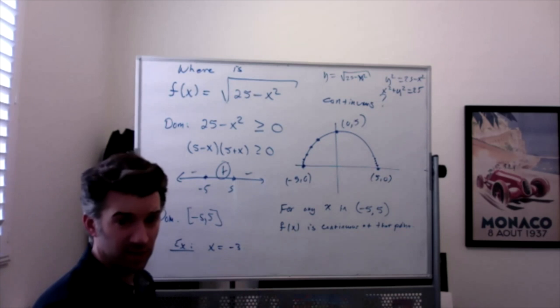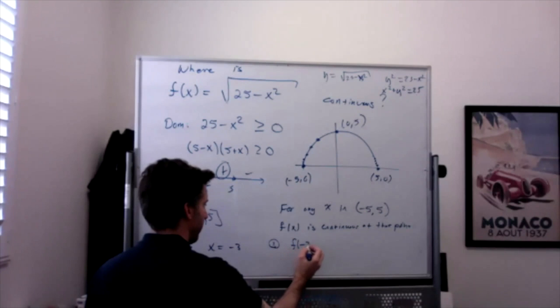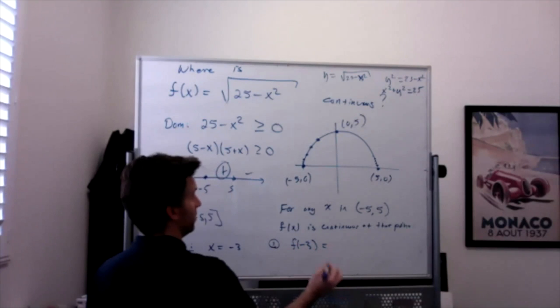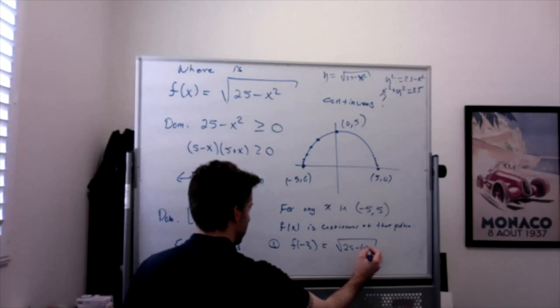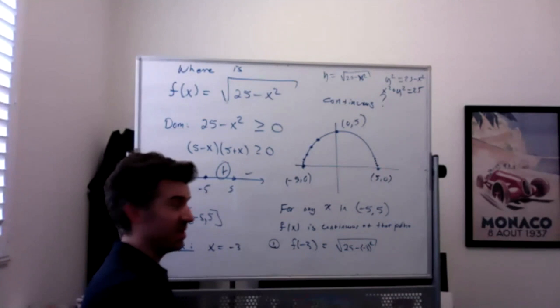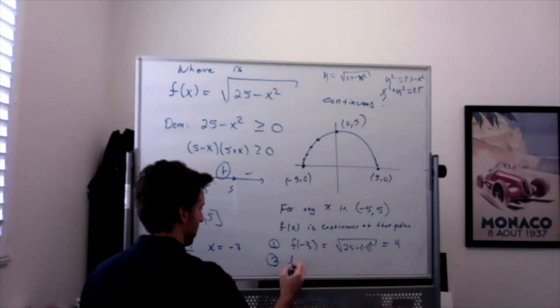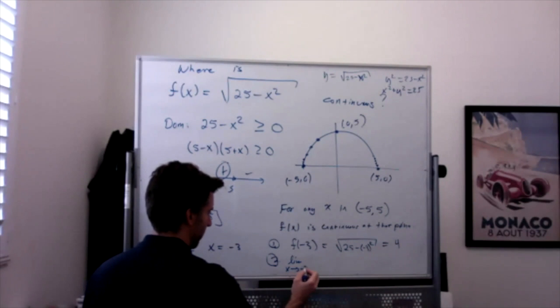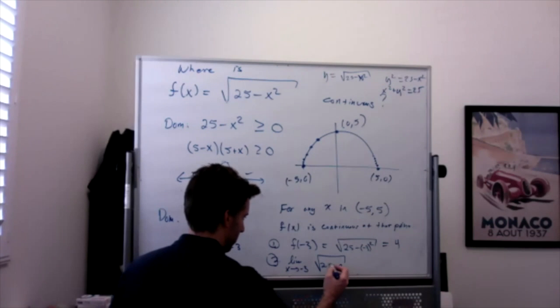The function is definitely continuous at -3 because, one, f of -3 exists. It's equal to the square root of 25 minus (-3) squared, which is the square root of 25 minus 9, which is the square root of 16, which is 4. And two, the limit as x approaches -3 of the square root of 25 minus x squared.